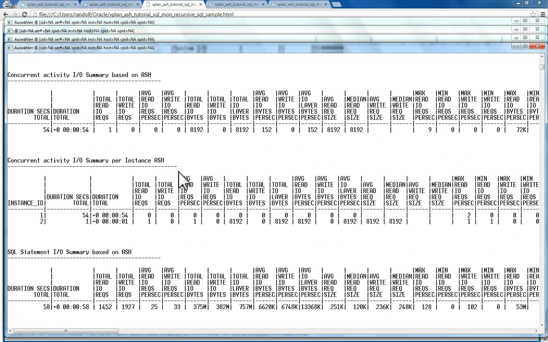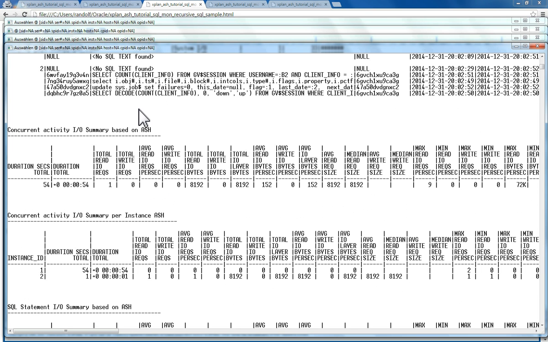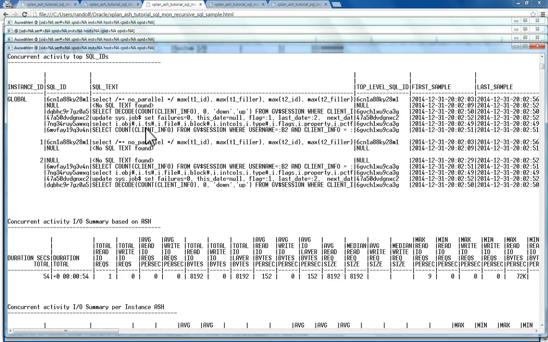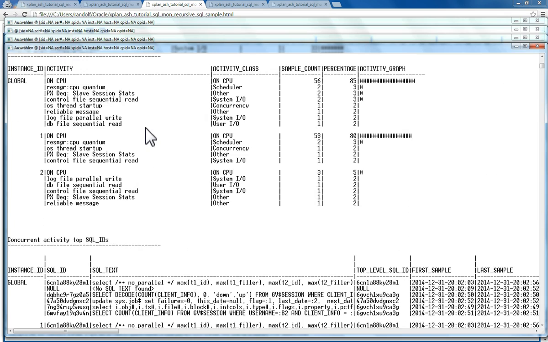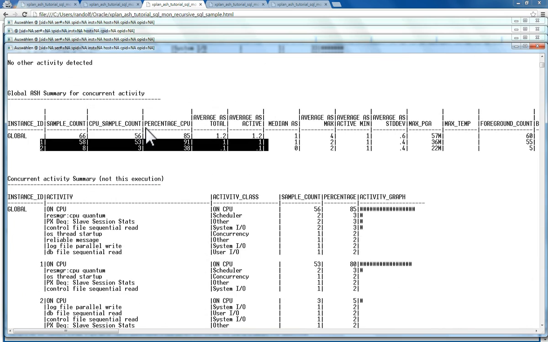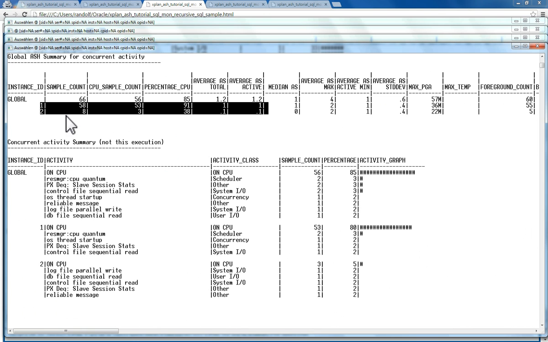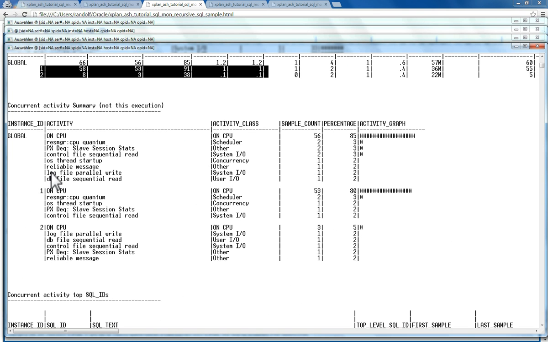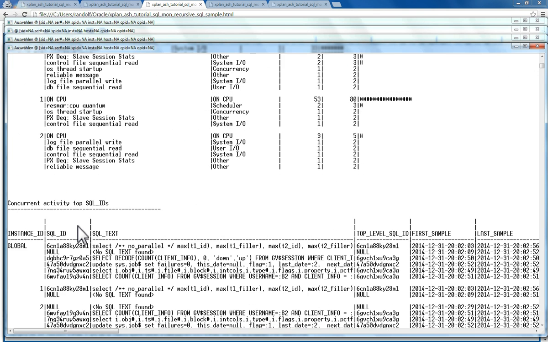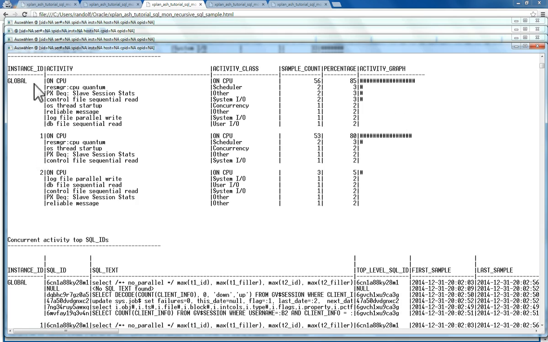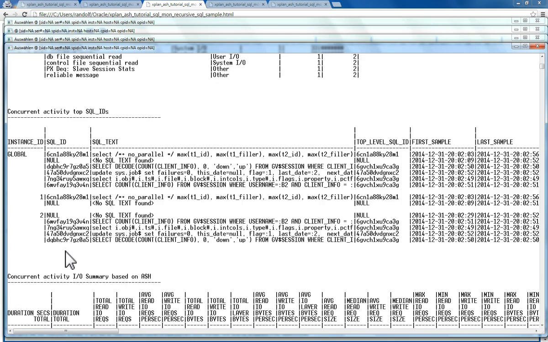Again, for multi-instance reports, in this case you actually get different sections. So you get an I/O summary. Maybe I just return to this one first. As I already said, for this concurrent activity you get this global and instance level breakdown. This also applies, of course, to the following sections.